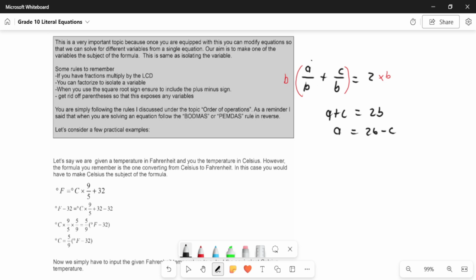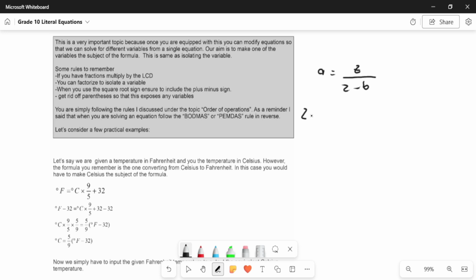Because what do we want? We want a value that's in the numerator to be the subject of the formula. So therefore we need to get rid of the fraction. How do we get rid of the fraction? By multiplying by the LCD. Right, let's say that we're given a over z over 2 minus b, and we're required to make b the subject of the formula. Multiply by the denominator again, multiply by the LCD. So therefore we'll have 2 minus b, right, multiplied by a is equal to z.